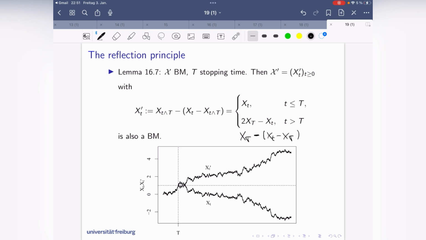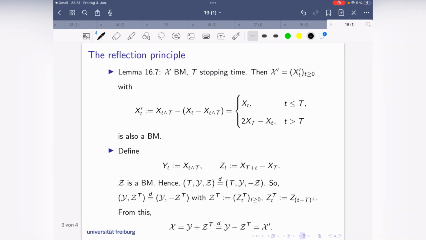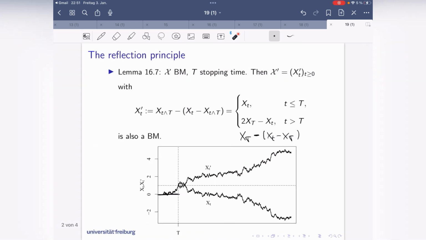So let me try to draw Z capital T in this picture here. Z capital T would stay at 0, because up to time T I have just 0 here, and setting 0 is 0. And then it makes the same increments as X, so it follows parallel to this path here. So let me try to draw this.